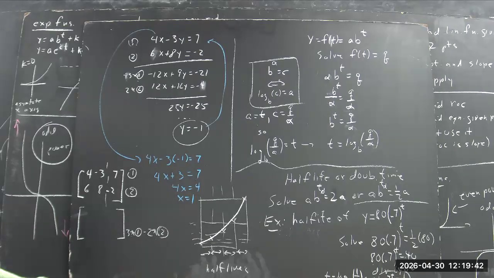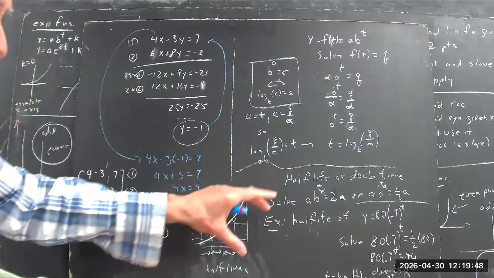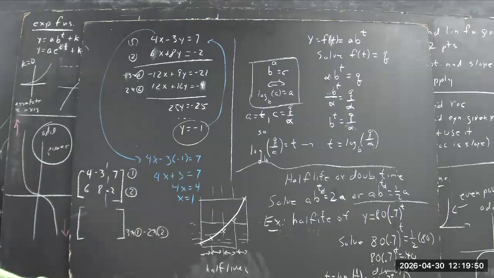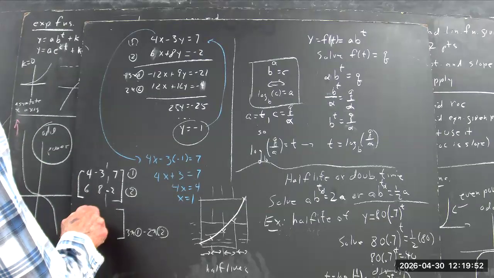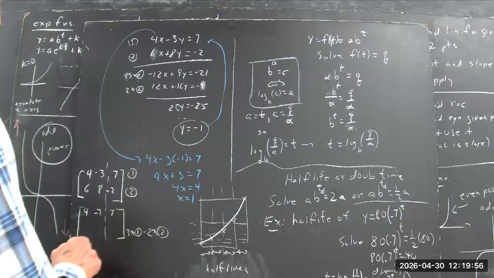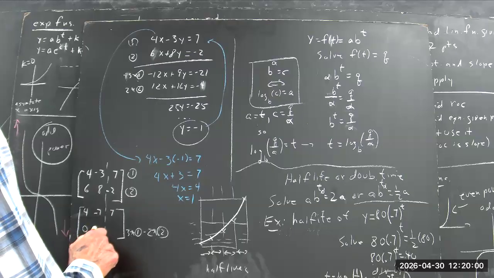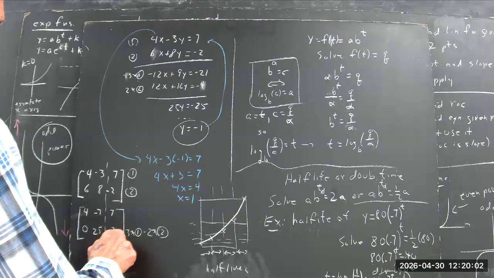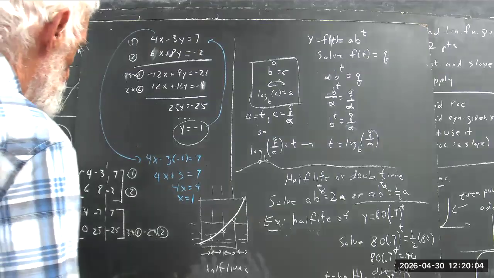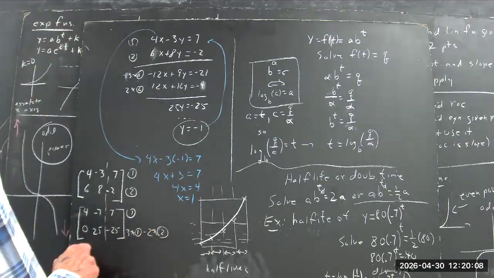Now we've only got a couple of minutes, so I'm not going to write it out, but then you write that calculation off someplace else, not in the column. What you're going to get is you're going to have 4, -3, 7, and you're going to have 0, and you're going to have 25, and -25. Row 1 hasn't yet been messed with.